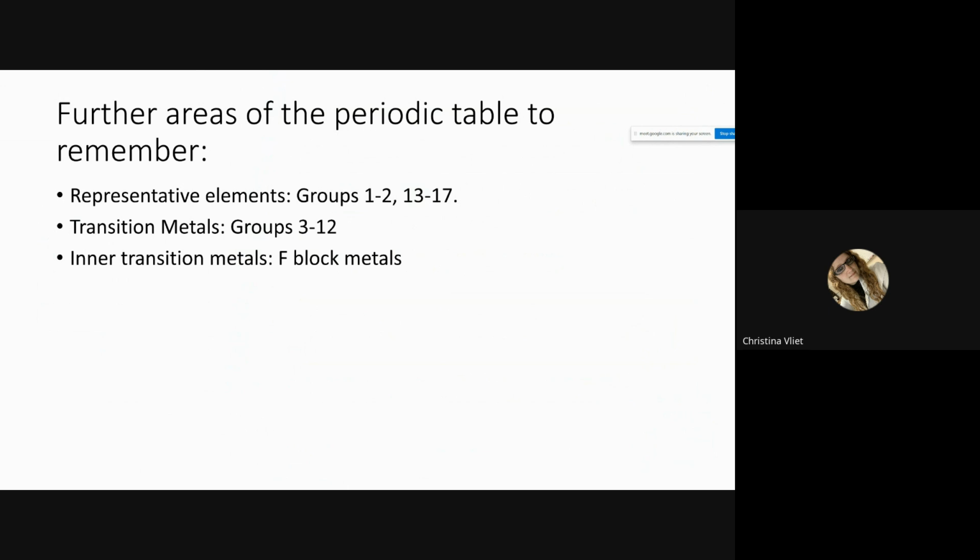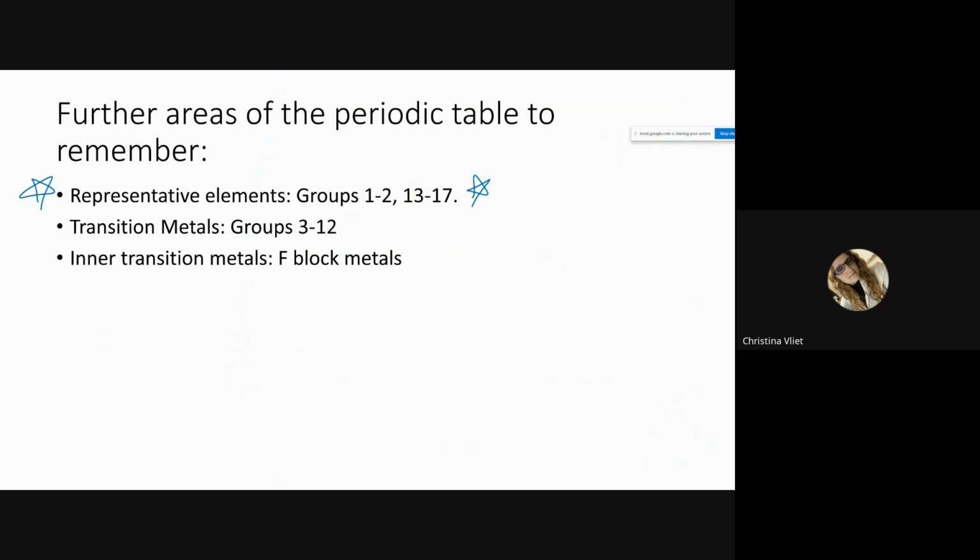Sometimes, and I think this might show up on your homework, you'll be asked about representative elements. Representative elements are the elements that we use the most often. These include most of your biological elements like carbon, nitrogen, oxygen, fluorine. This includes a lot of the elements that are mostly found on Earth. So groups 1 and 2 and groups 13 through 17 include what's called your representative elements, which is most of your S and your P block, actually.